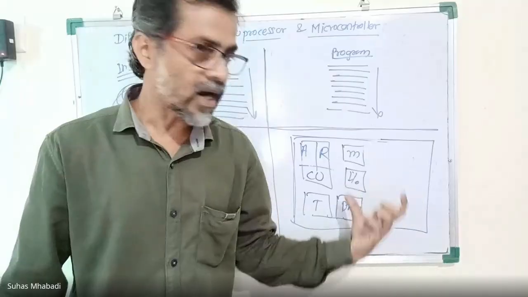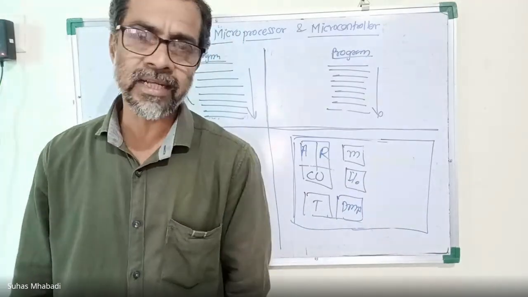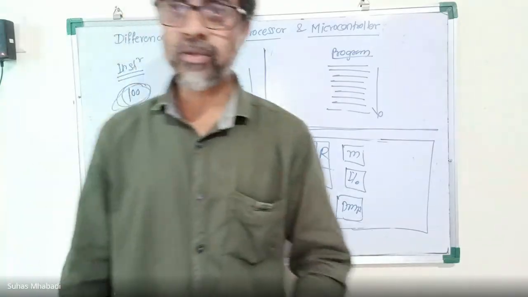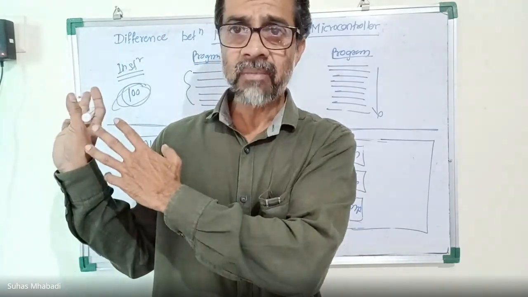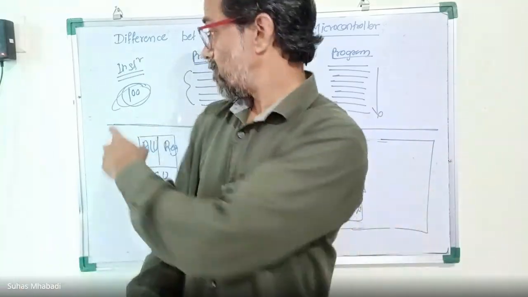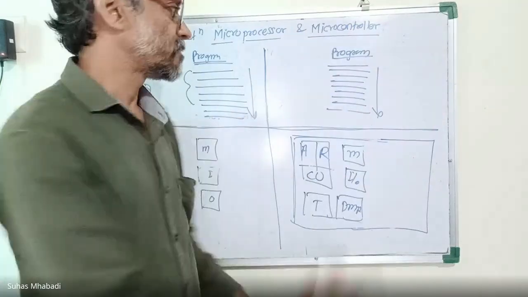But the hardware of this device and the logic level is set in such a way that to accomplish all those tasks which could be accomplished by the microprocessor equally, the number of instructions available for the controller is less.